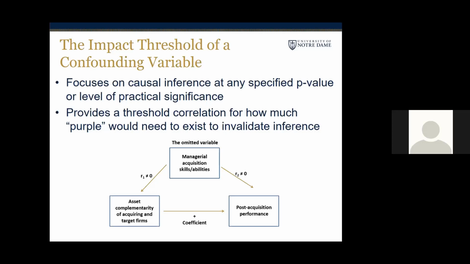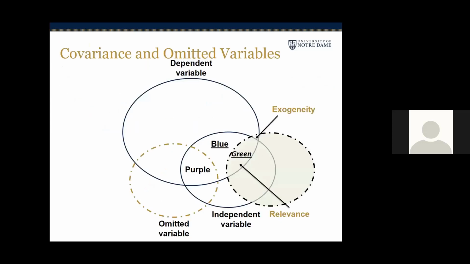And so in 2000, Ken Frank introduced this technique, the impact threshold of a confounding variable. And it basically focuses on causal inference or p-values, without saying the word p-values, or a non-zero relationship between the IV and the DV. But it's basically asking, how big would this purple area here have to be in order to explain or to create a non-zero relationship between the independent and the dependent variable that doesn't actually exist, right?